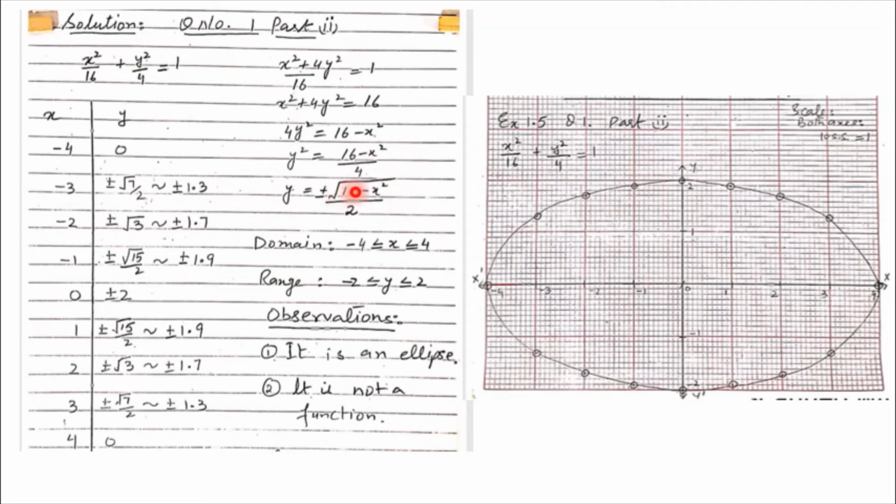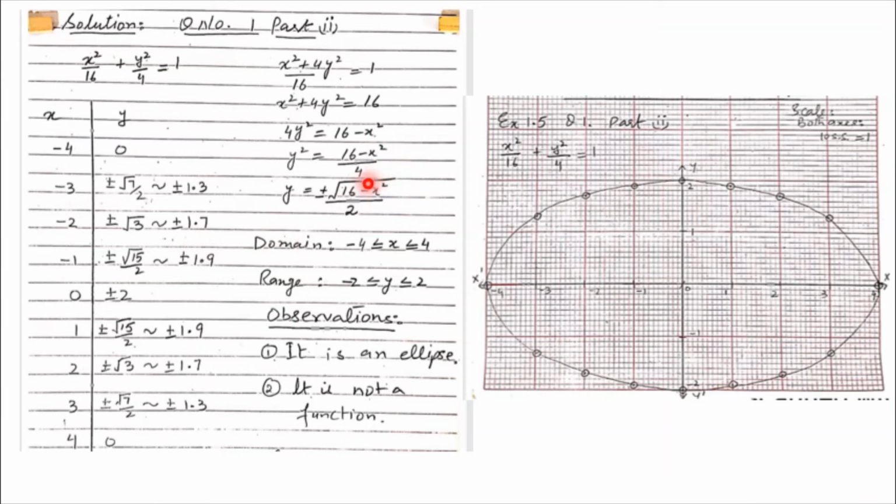Why? Because you will get 16 minus 4, that is 12. Under root 12 is equal to plus minus 2 under root 3. The 2 got cancelled and we get this. Use your calculator and approximate to one place of decimal. So it is 1.7.